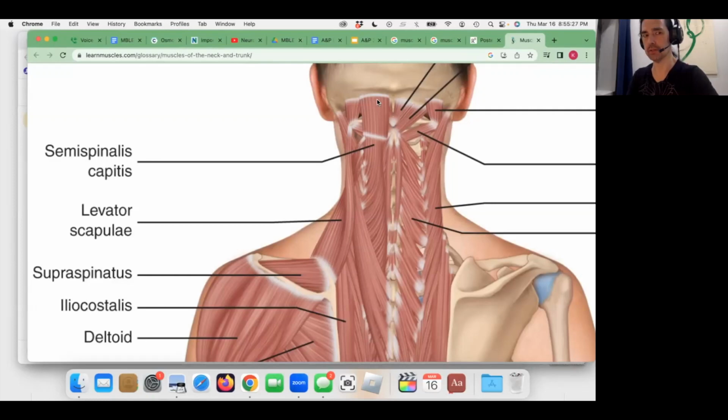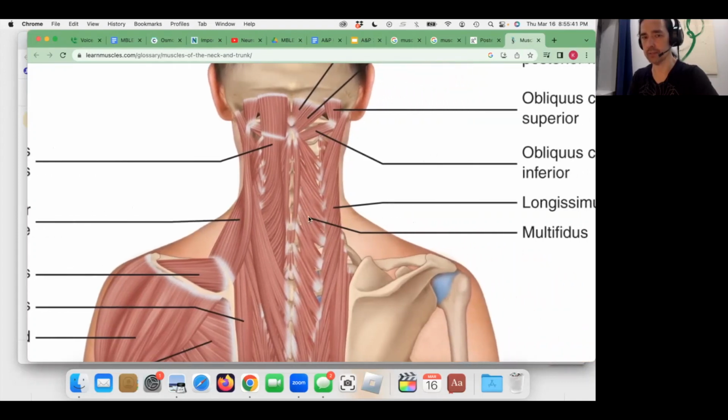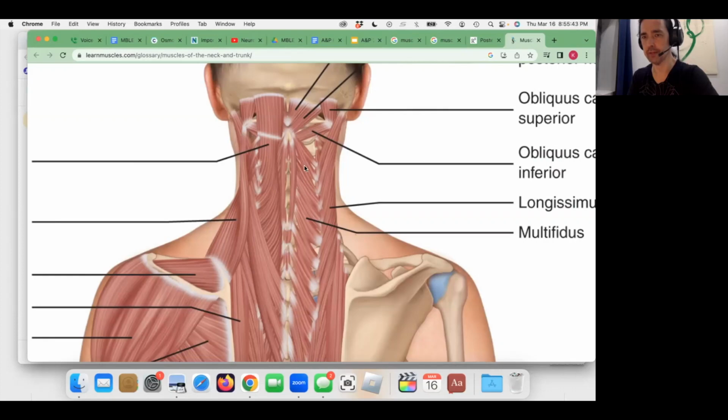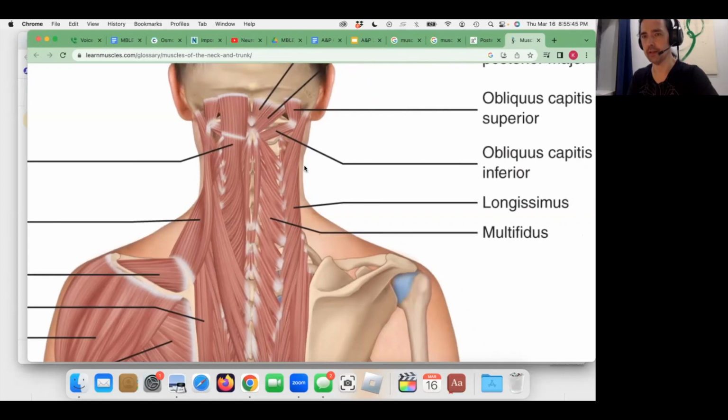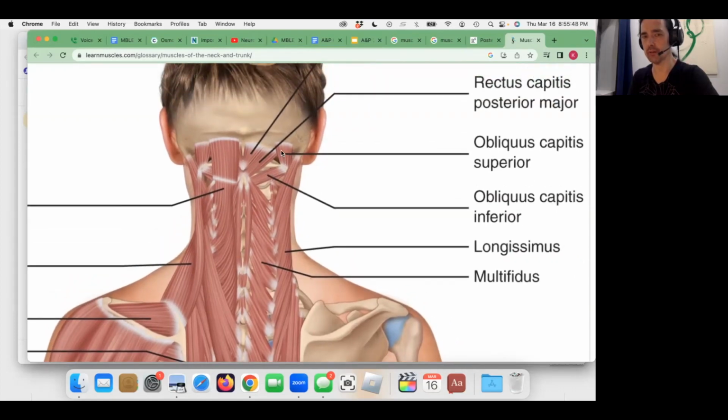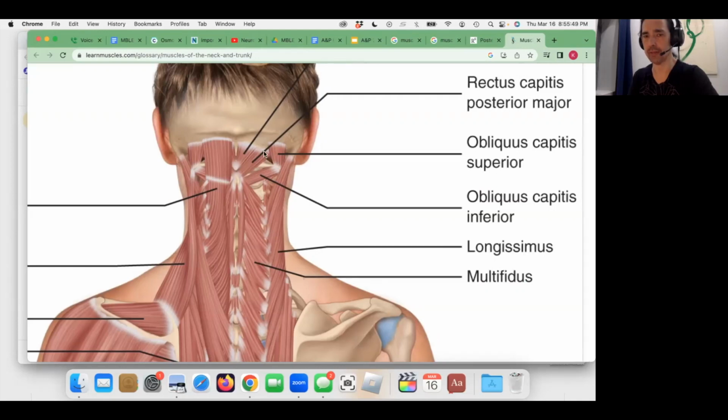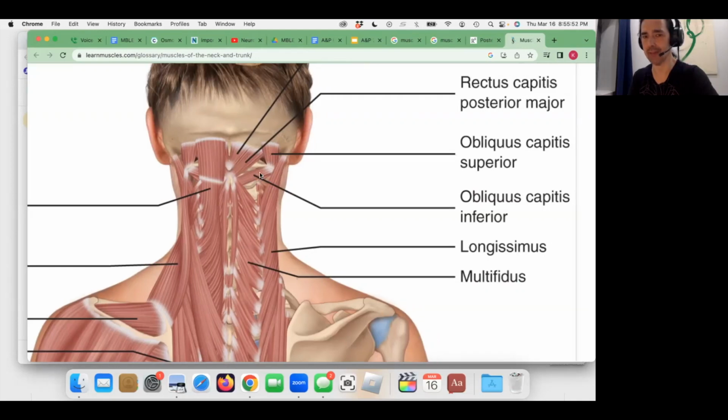Missing is the other capitis muscle, but this is the middle layer of the neck on the left, and then on the right you have the deep layer of the neck. These muscles here are the multifidi, and then you have these small muscles here, like the oblique capitis superior, oblique capitis inferior.